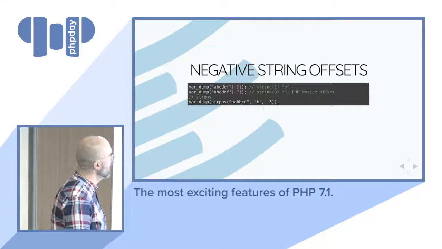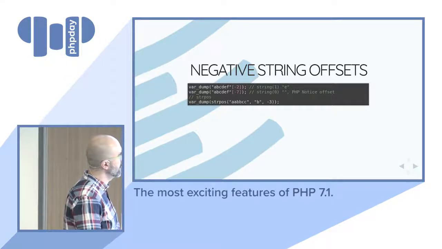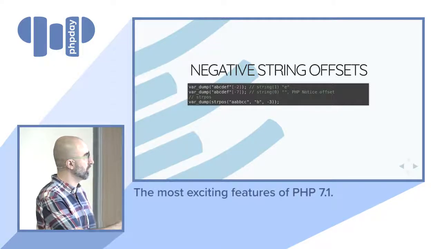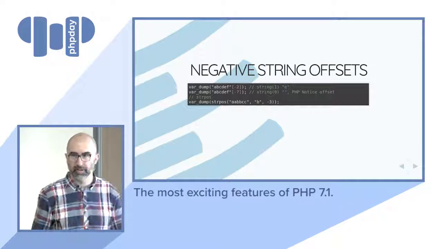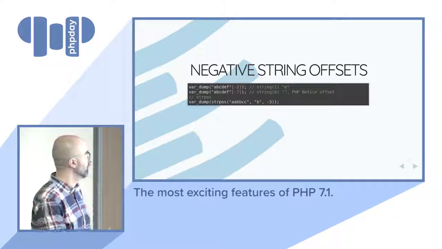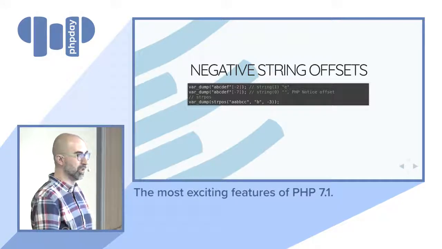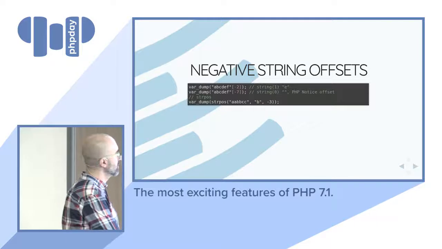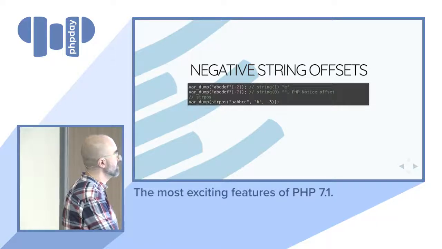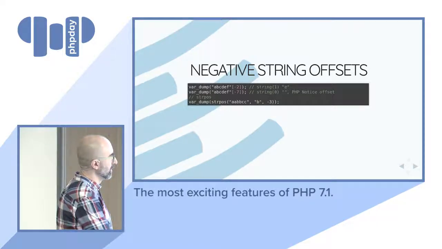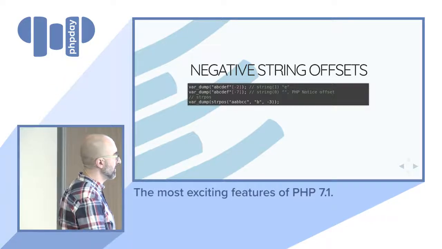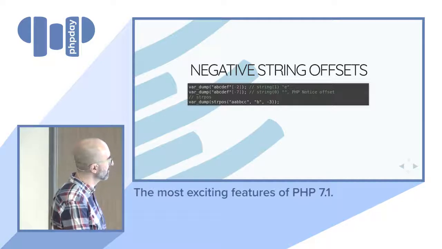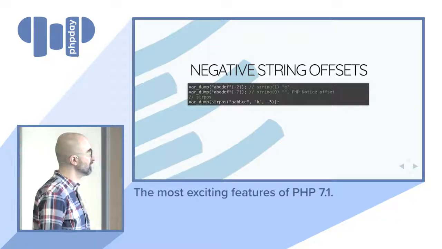The negative offset is actually everywhere. This is just an example using an array, but you can even use it in string functions. For instance, here we are using stripos, getting the first occurrence of an element inside a string. The string is AABBCC, the character is B, starting from -3. Who wants to try?